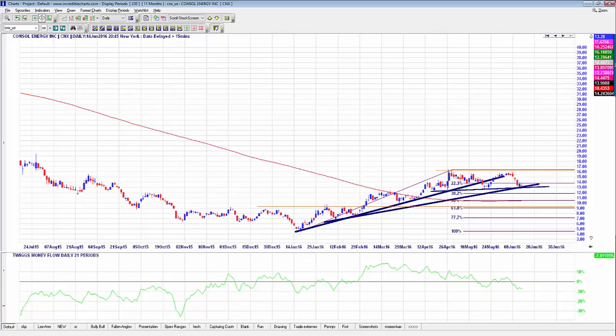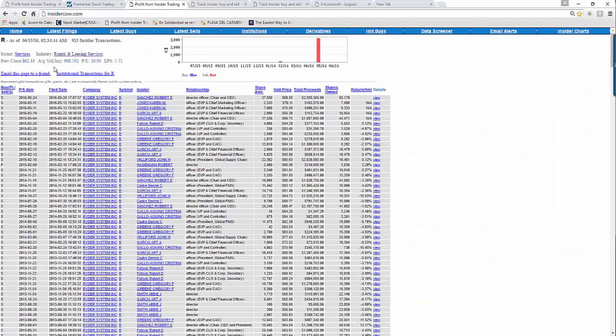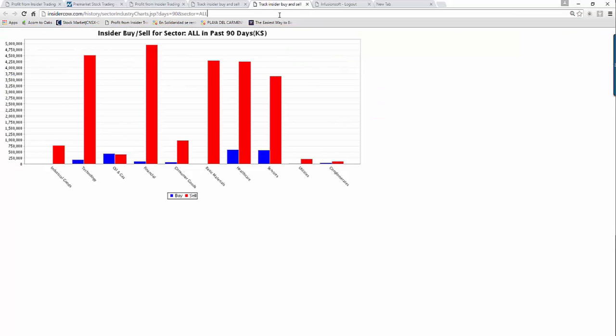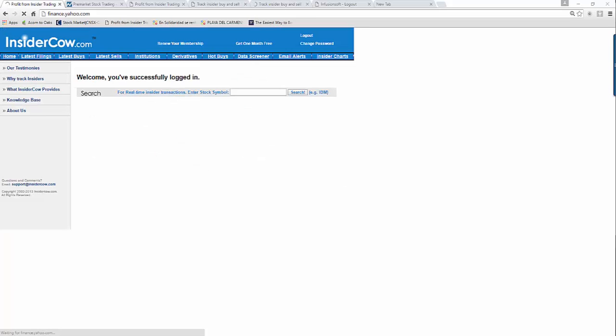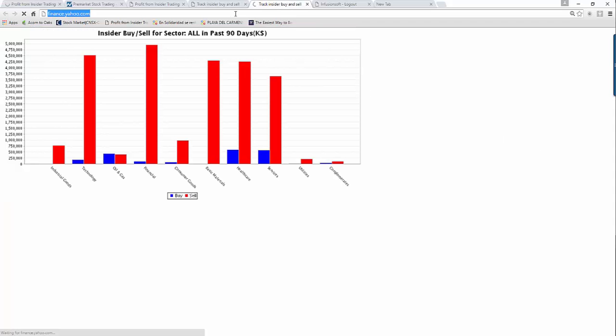Now, something worth noting about those is that, let's just go into that. Okay, so if we go and have a quick look at the CNX puts, tick tock. Wow, that is so funny.